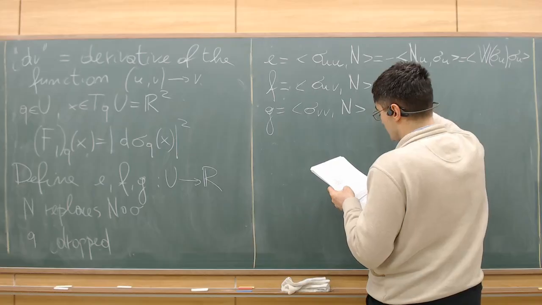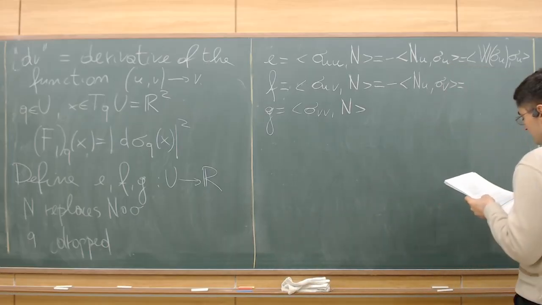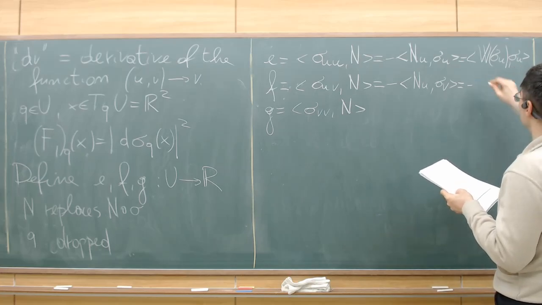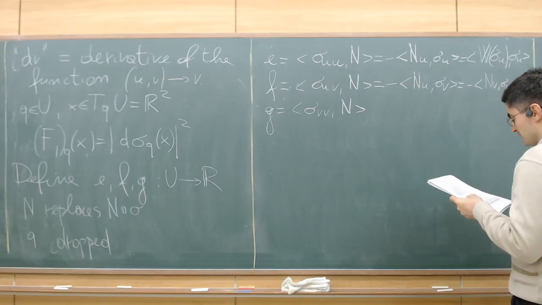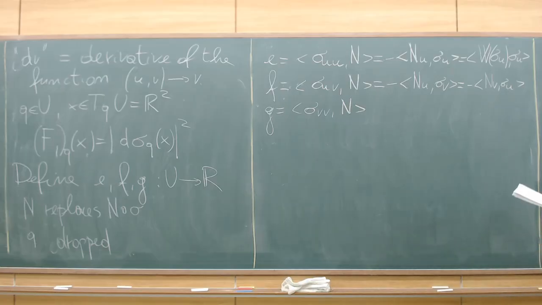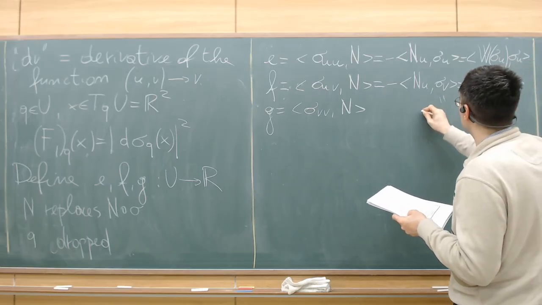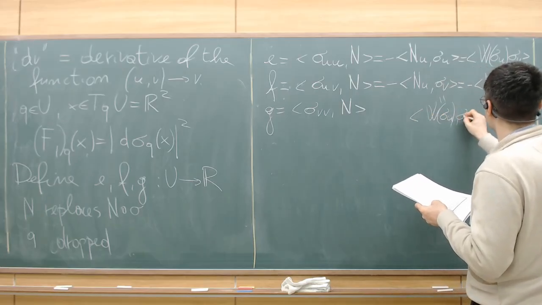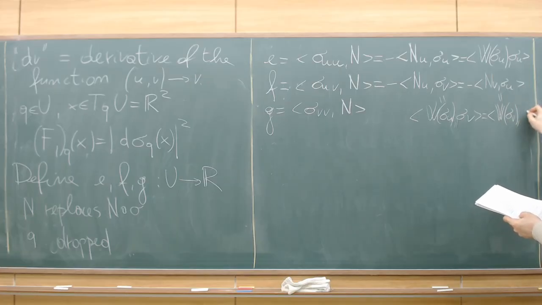F is equal to minus nu sigma v, and this is also equal to minus nv sigma u, this is also equal to W sigma u multiplied with sigma v, which is also equal to W sigma v multiplied with sigma u.